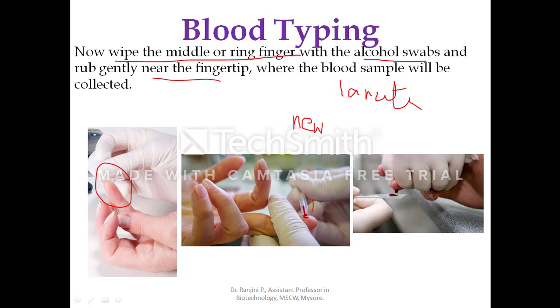So here what you are doing: you are swabbing your finger with the alcohol-containing cotton, then air drying it, then taking the sterile lancet and puncturing the finger, and your blood will be taken out and dropped into the circles.